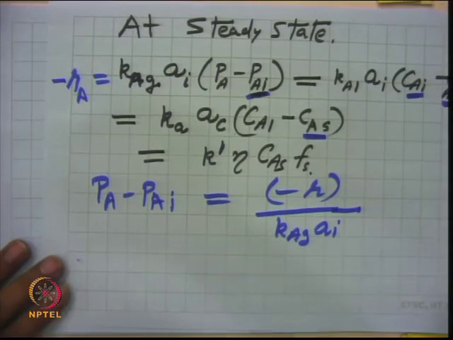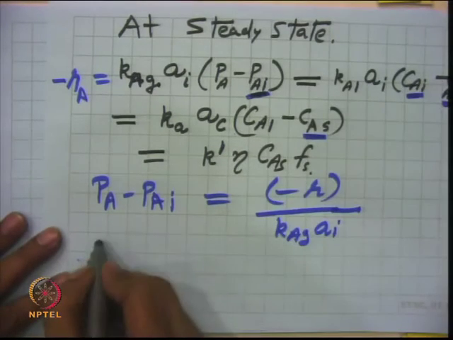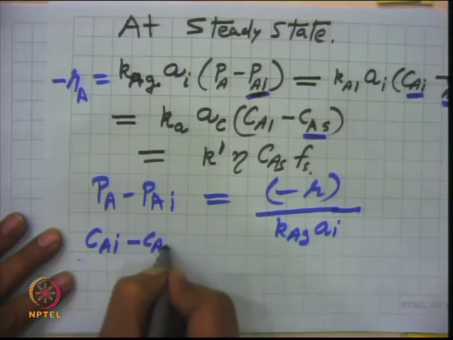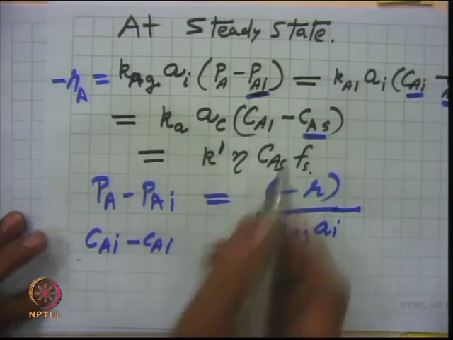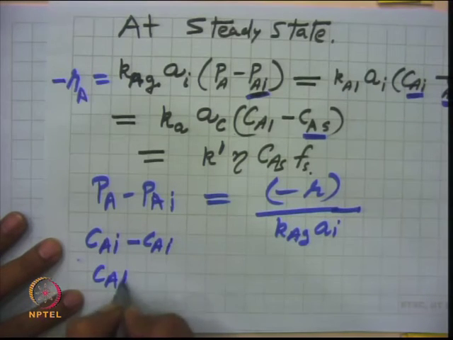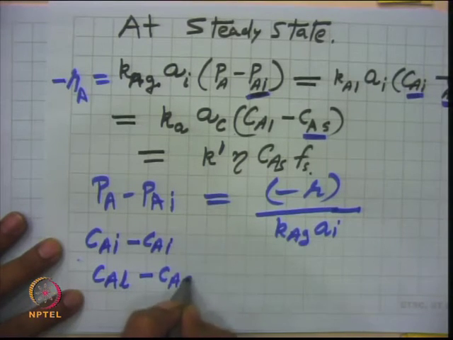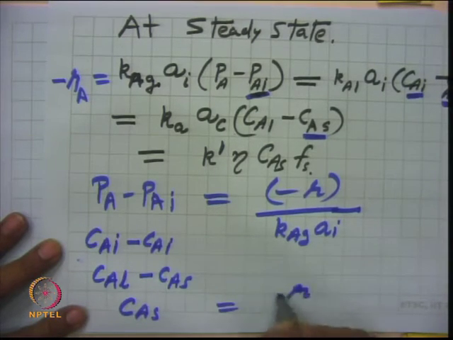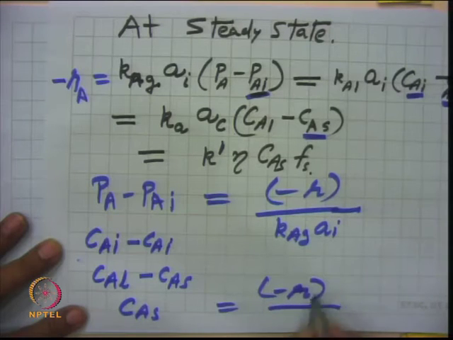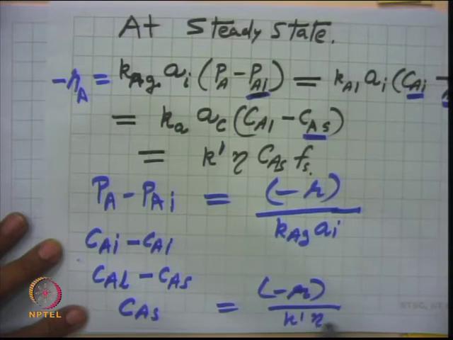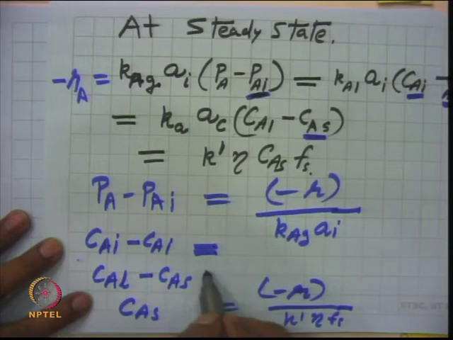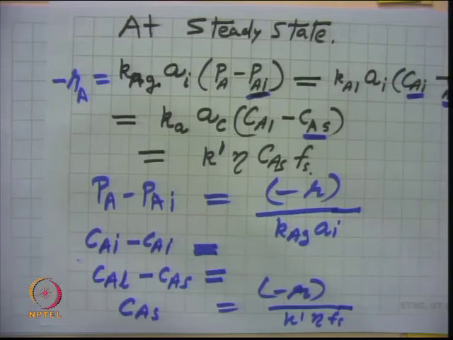Similarly, in the second case you will have C_AI minus C_AL. In the third case you have C_AL minus C_AS, and in the fourth case you have C_AS equal to again minus R divided by K dash times eta times F_S, something like this. You can write this step yourself.